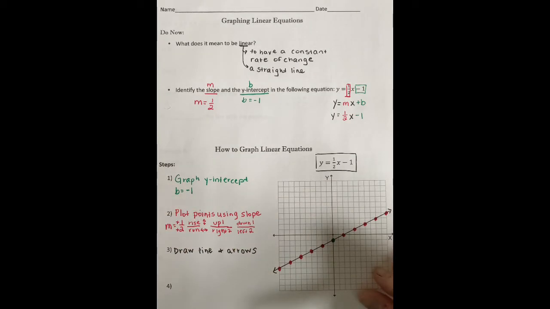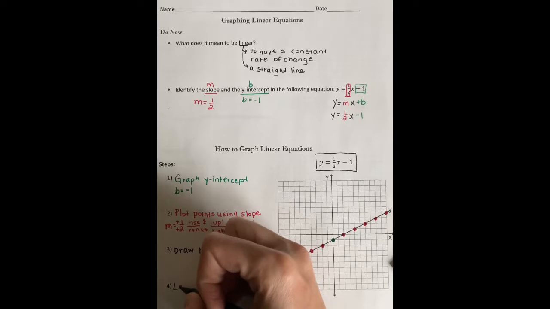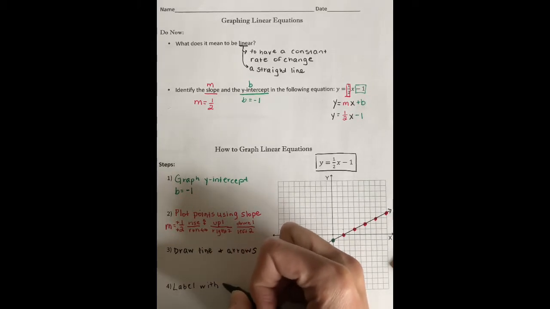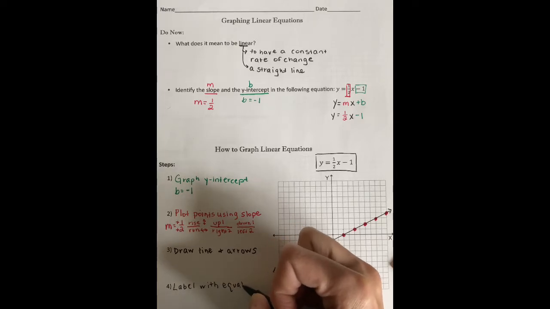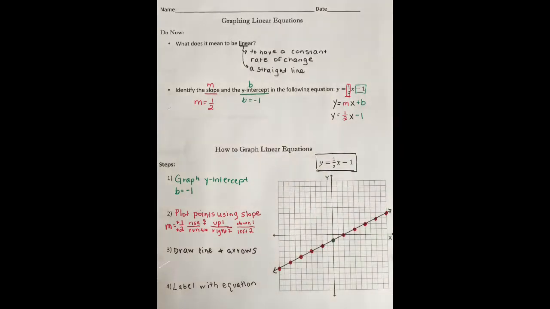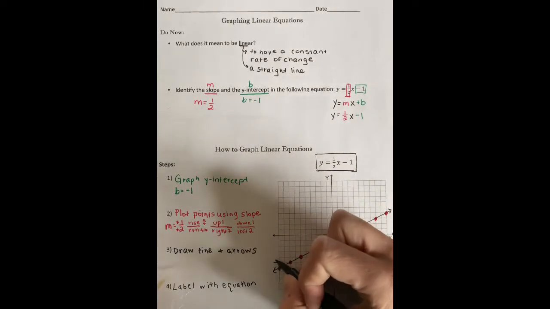And finally, the final step is going to be to label the graph with the equation. So that means I'm going to take my equation, y equals 1/2 x minus 1, and just write it along the line.